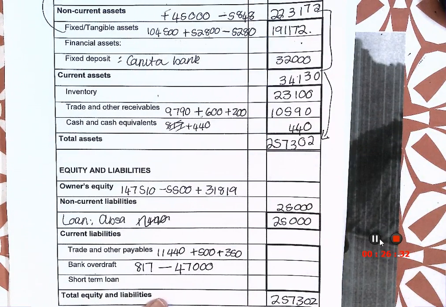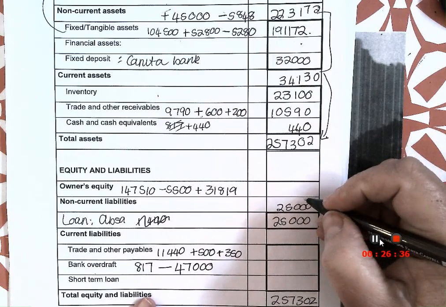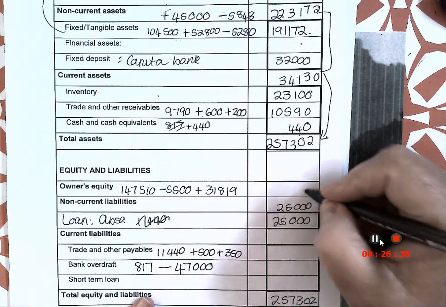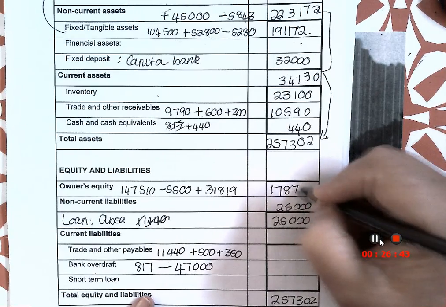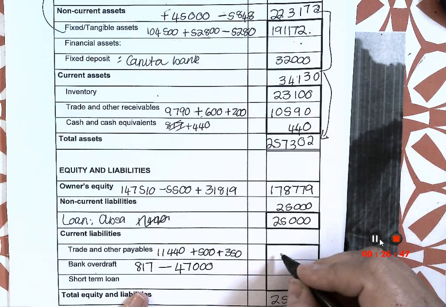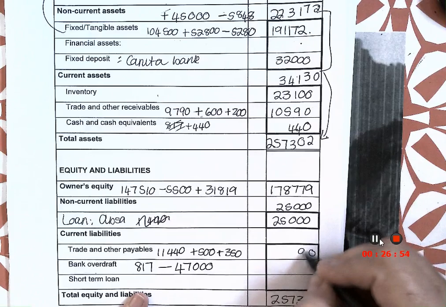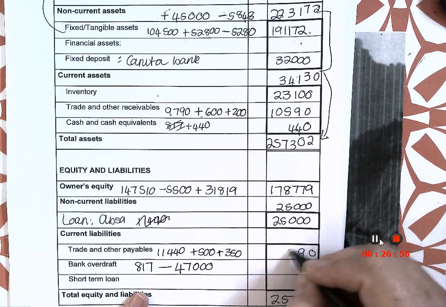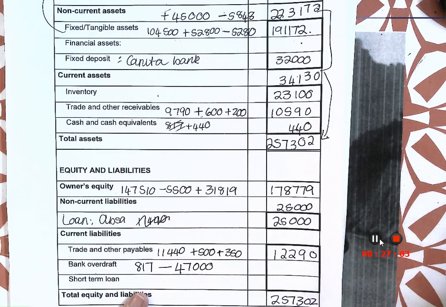What's my owner's equity? Trade and other payables. Is that right? What is bank overdraft?